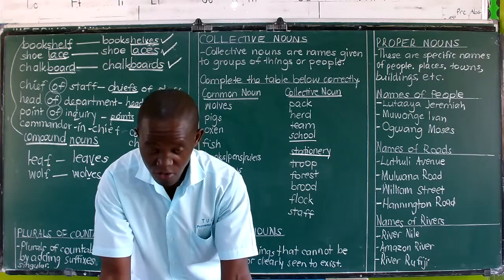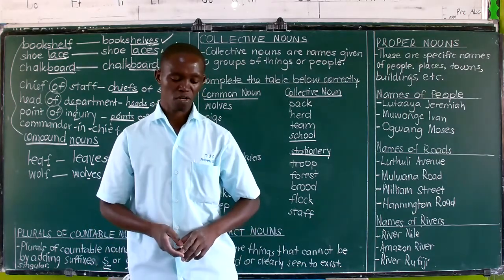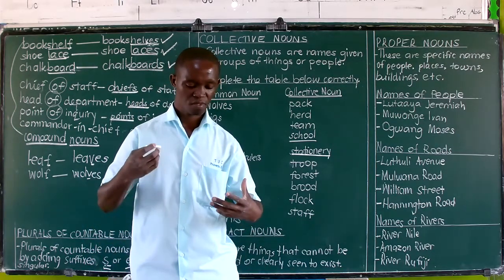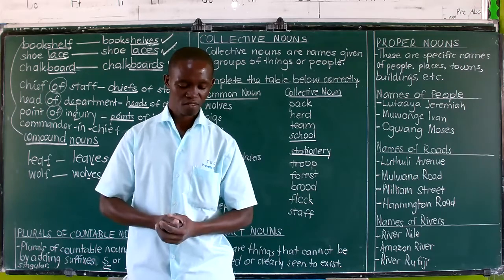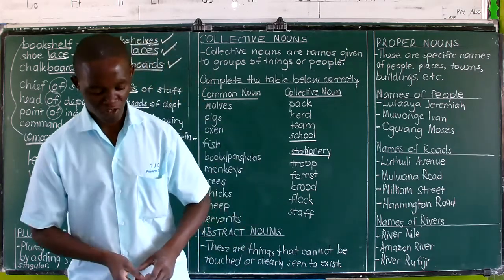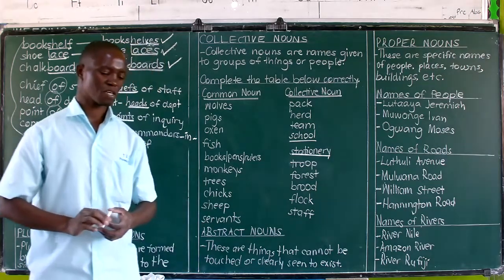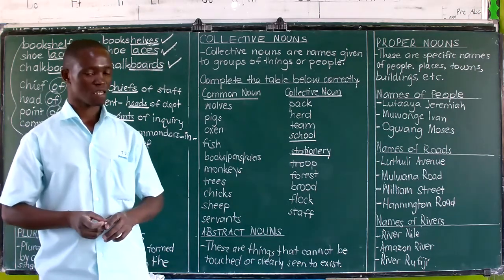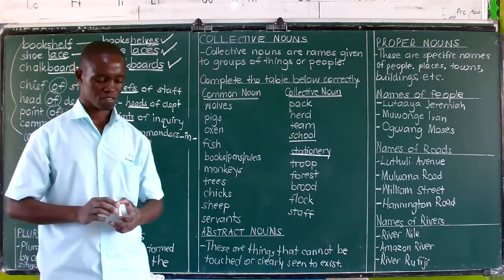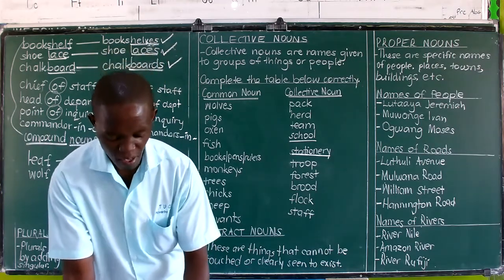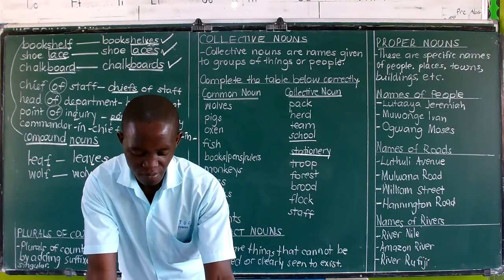We have the word good, changing to goodness. We have quick, then quickness, bad, changing to badness, and all those are formed by adding the suffix N-E-S-S. N-E-S-S added to the word to form the abstract noun.